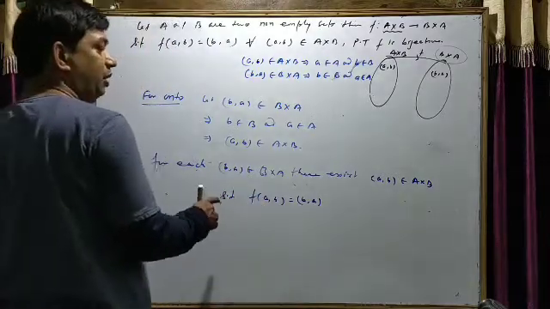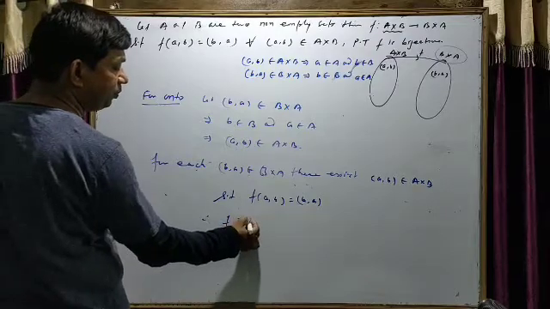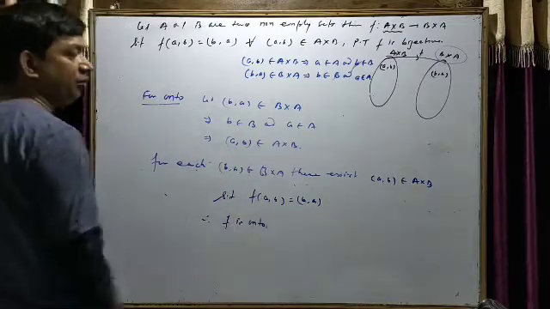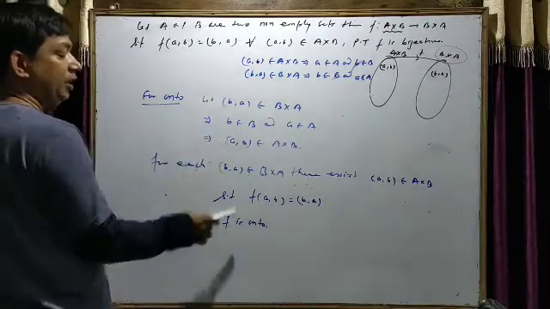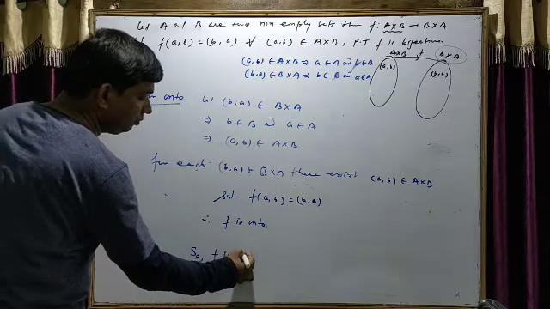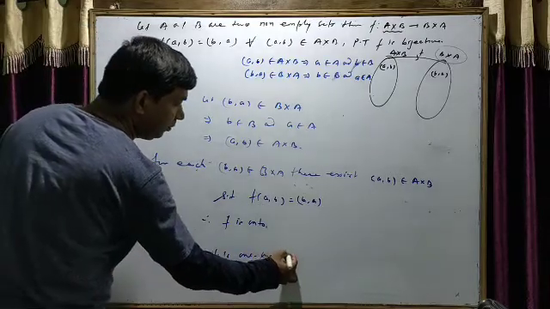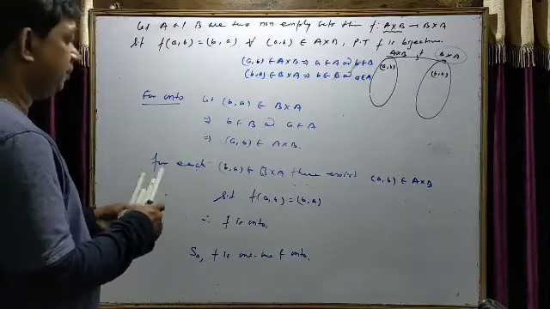If range equal to codomain, that means therefore f is onto. So f is onto means first of all f is one-one and here f is onto. So one-one and onto. Okay.